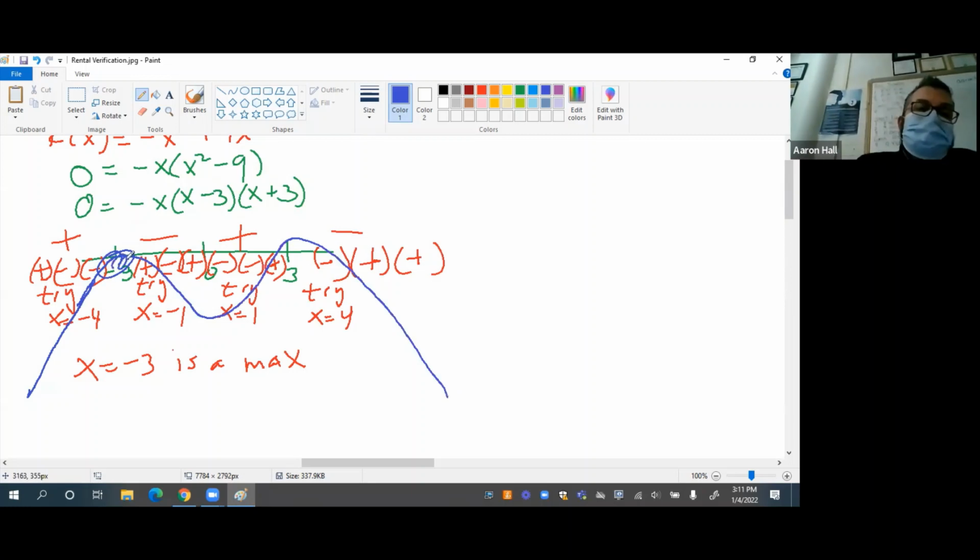One of these is a global max, but we need to find out which one is the highest max. How do I find out which of these is the highest max? Do we agree that x equals 3 is a max as well? How can we tell whether x equals -3 or x equals 3 is the highest max?